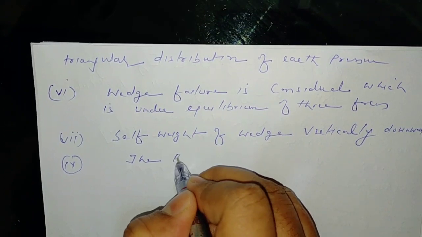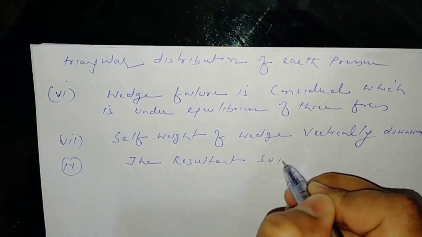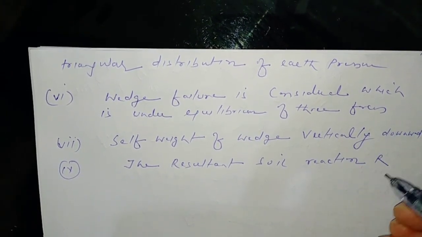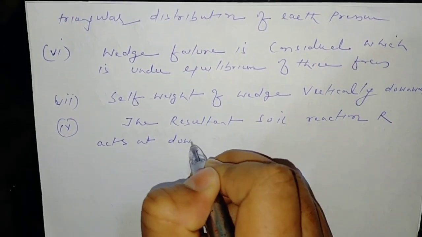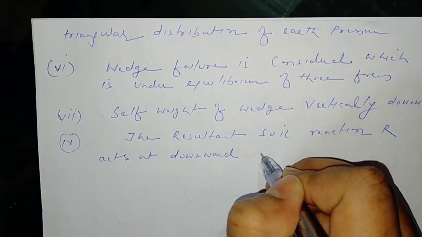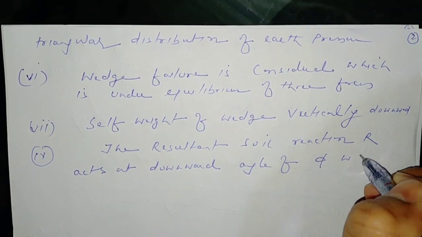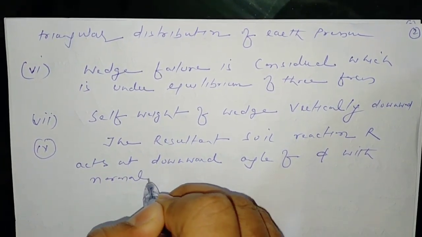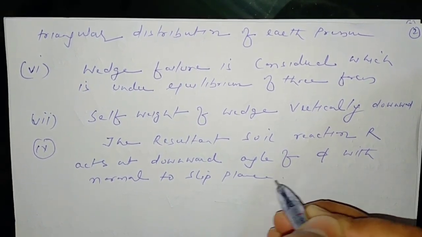The resultant soil reaction R acts downward at an angle of phi with the normal to the slip plane.